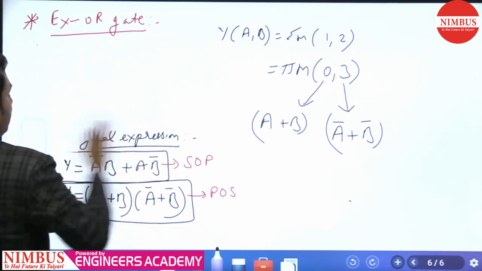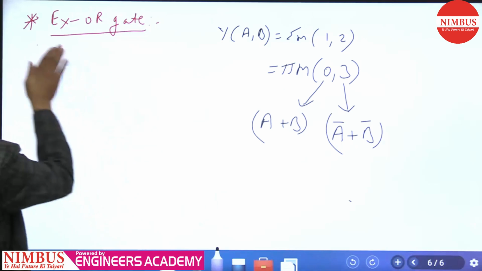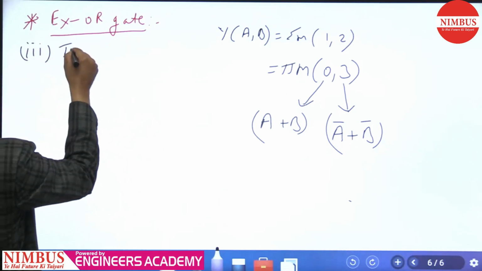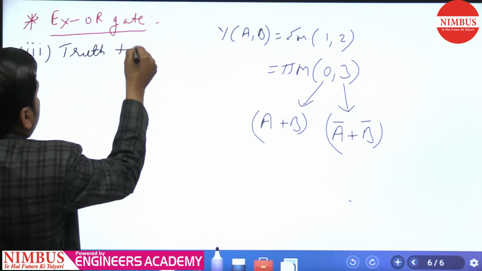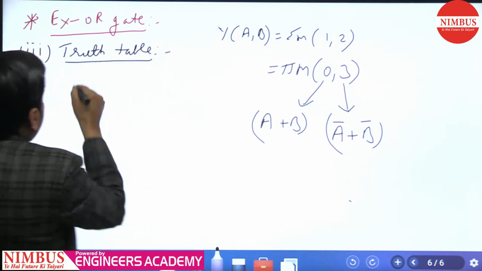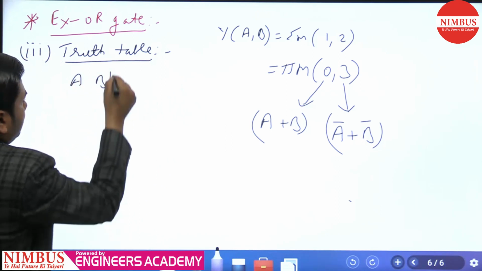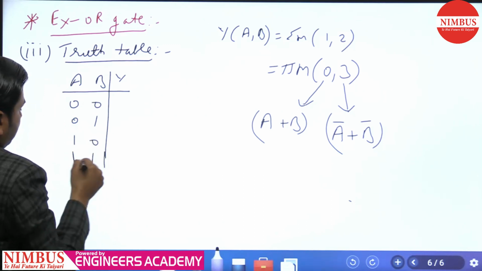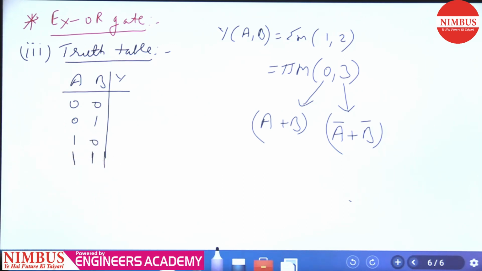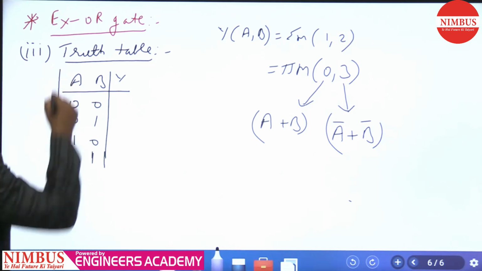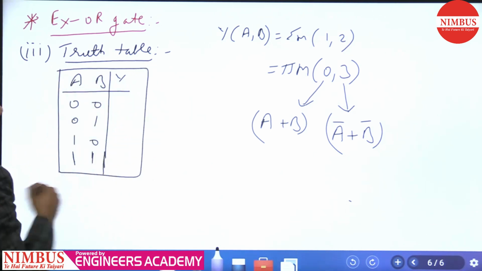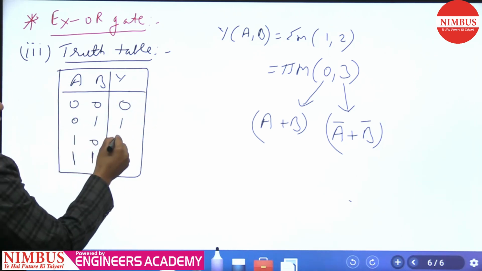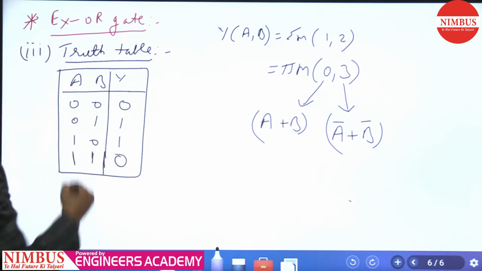Now if we are talking about the truth table for the XOR, at the 0 0 we are getting 0, at 0 1 we get 1, at 1 0 we get 1, and at 1 1 we get 0.